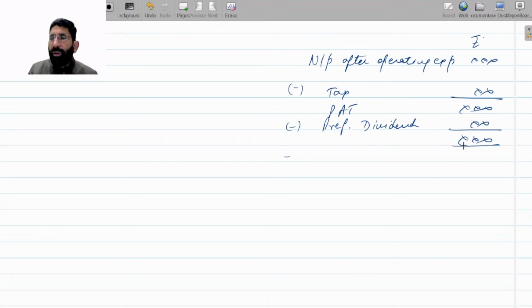So whatever is left, that meant for amount available for equity shareholders. Very simple to calculate.